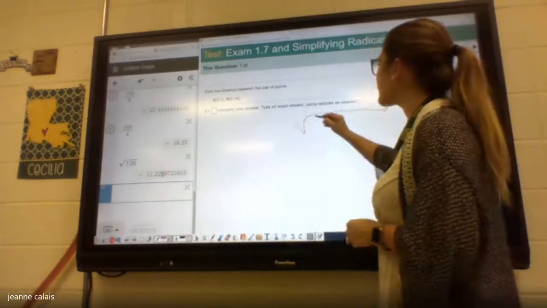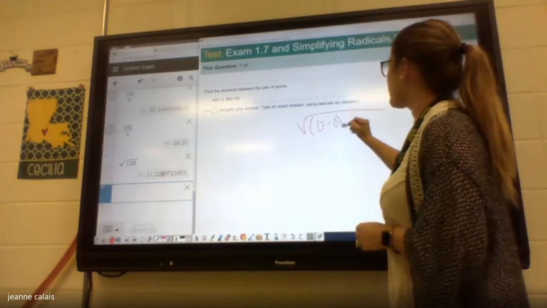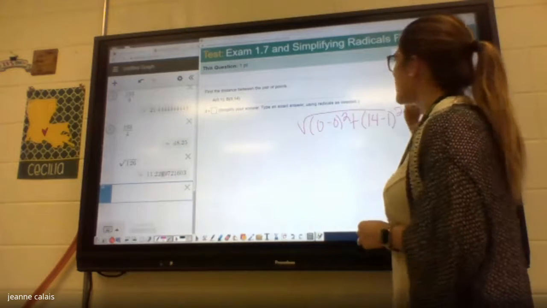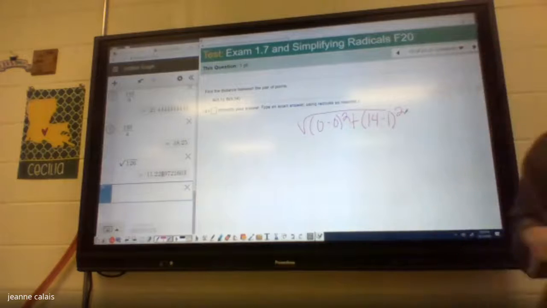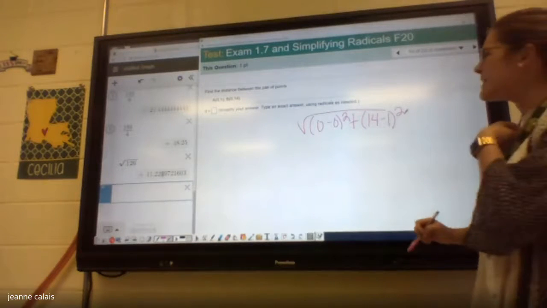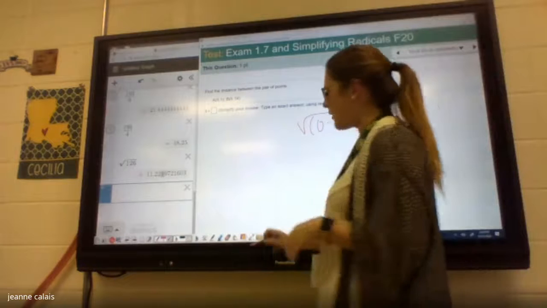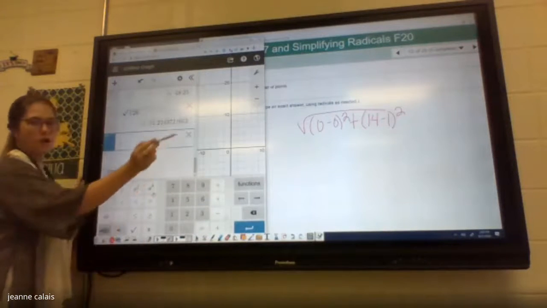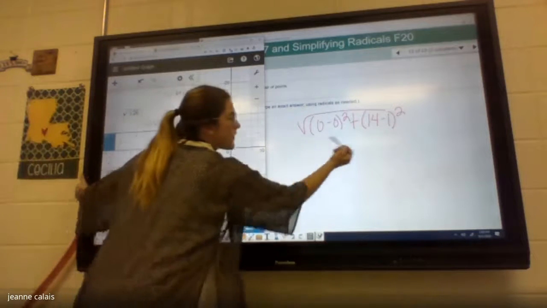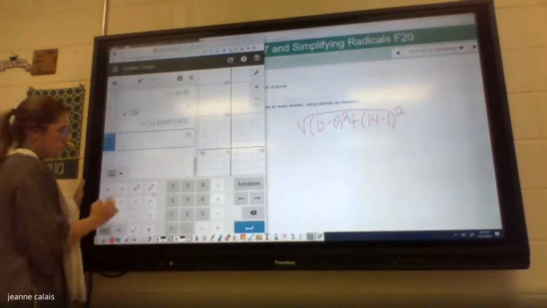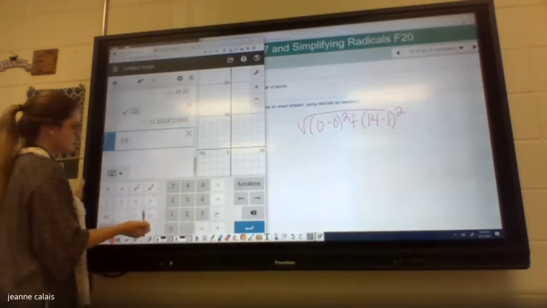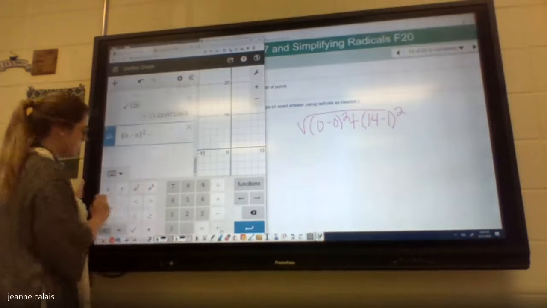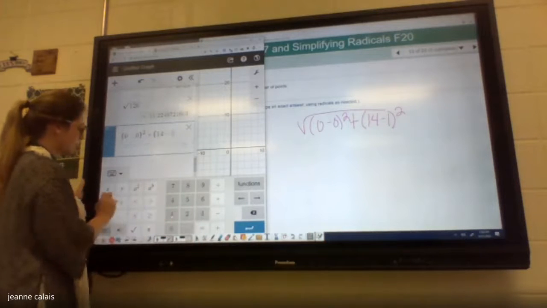All right, distance: plug it into the distance formula. So 0 minus 0 squared plus 14 minus 1 squared. It does say exact. So what I would do for the exact answer, you take what I call the meat of the problem, what's underneath the square root: 0 minus 0 squared plus open 14 minus 1 closed squared.